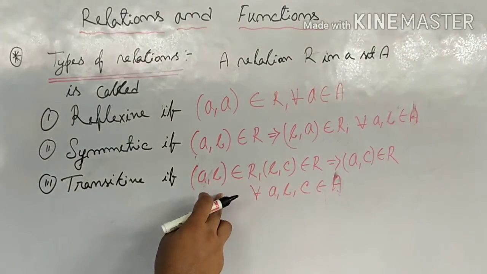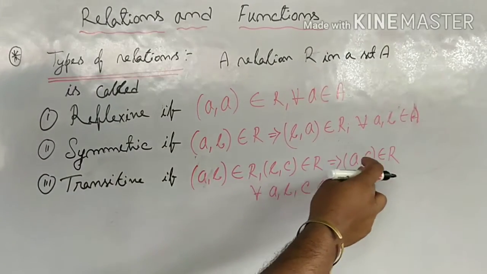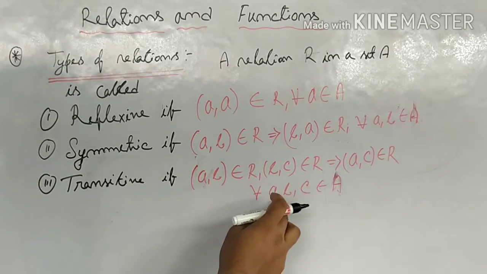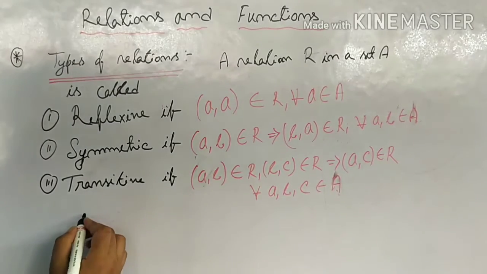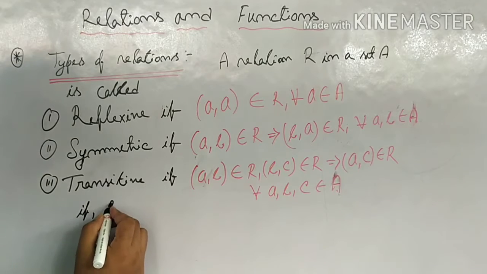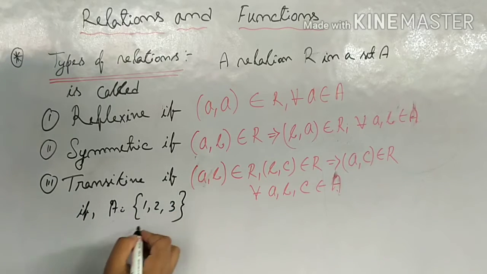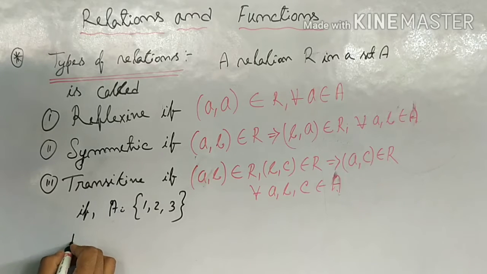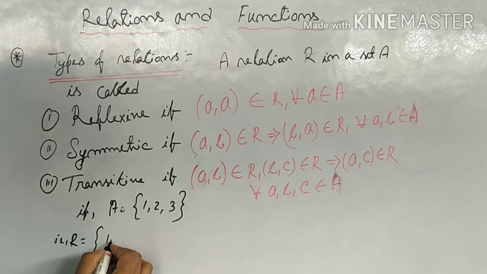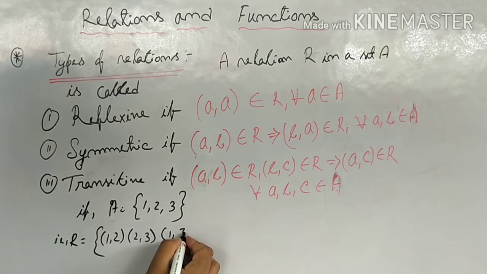Now we see the third one, transitive. If (a, b) belongs to R and (b, c) belongs to R, then (a, c) belongs to R, for all a, b, c belongs to A, it is called transitive. For example, if A equals {1, 2, 3} and suppose R equals {(1, 2), (2, 3), (1, 3)}.